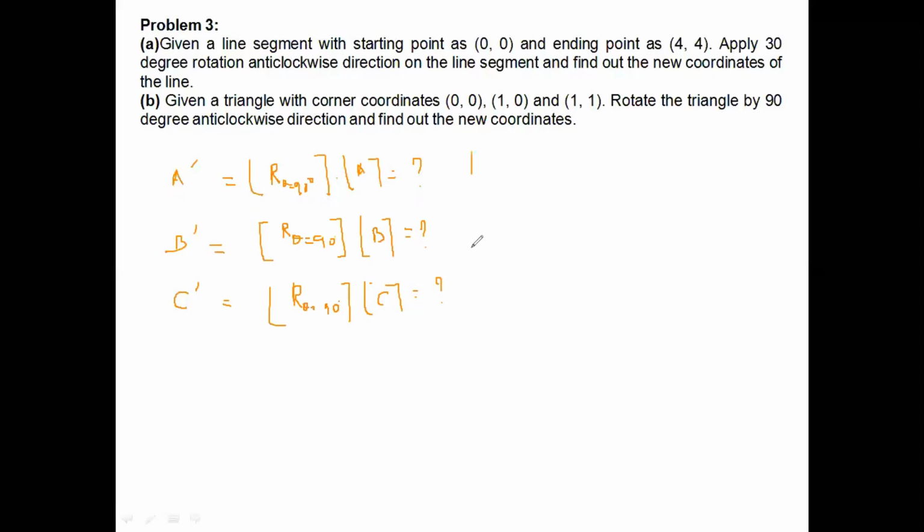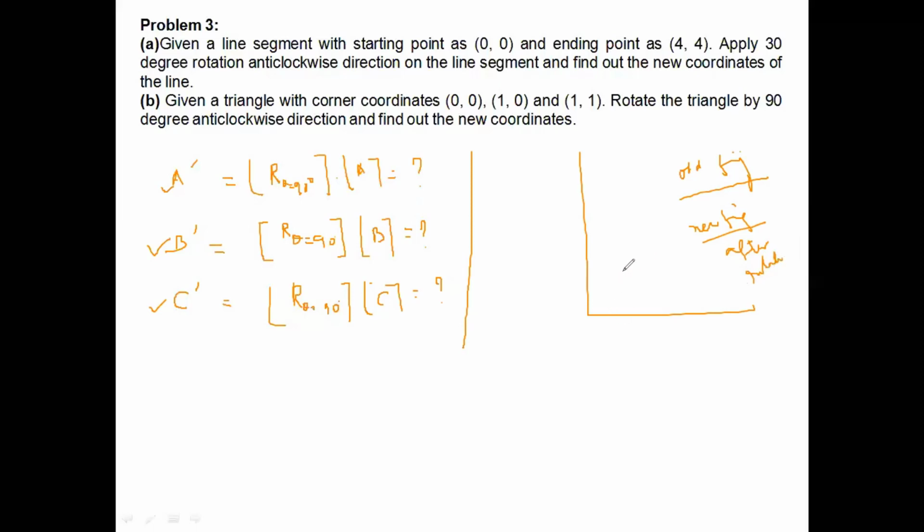Okay, and after performing the calculation, after evaluating the values of A dash, B dash and C dash, you will draw the old figure and the new figure after rotation.